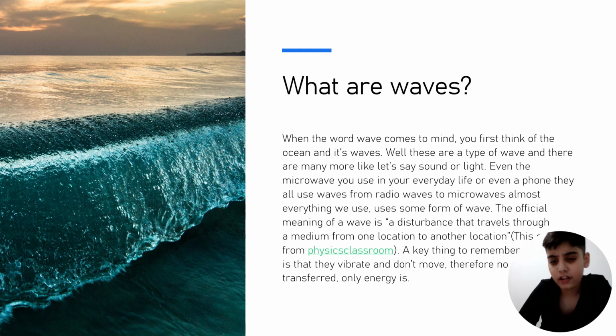A key thing to remember about waves is that they vibrate, but they don't move. Unlike ocean waves, the waves don't actually move. They just vibrate in a way. They may vibrate up and down in a pattern like that, or they may just stick together like that, or even like that.